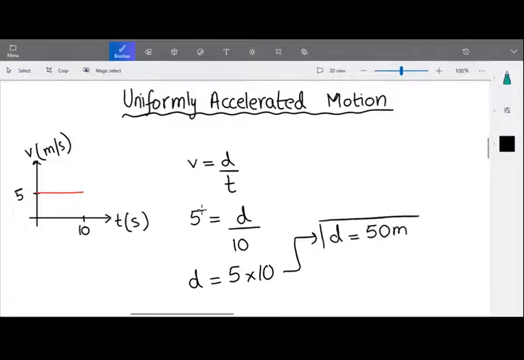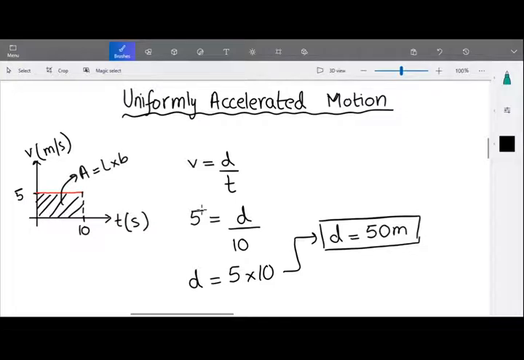That's simple enough. And another way of thinking about displacement is the fact that it's just the area under this line over here, right? It makes a rectangle with the 10-second line, the velocity axis, and the x-axis. If you think about it, it's just a rectangle. And if you want to find the area of a rectangle, all you need to do is multiply its length by its breadth, right?